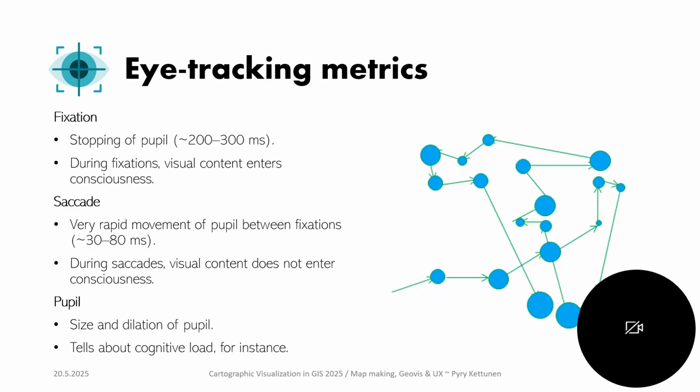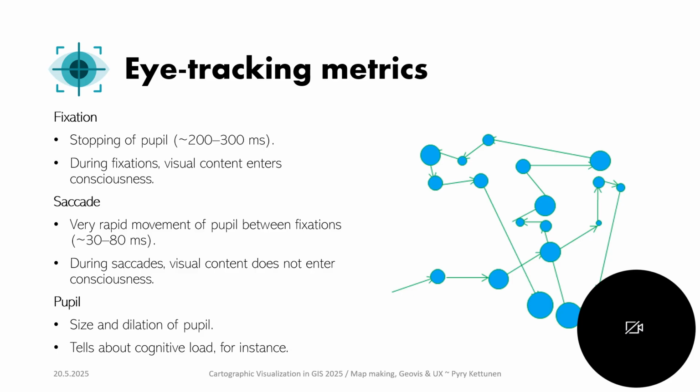And then through these, it's possible to define fixations, which are essentially points of the stopping of the gaze, where we are able to receive information in our brain. Because then there are also these saccades, which are these movements between these fixations, and based on the current understanding, it's not possible for us to process that information in our brain.